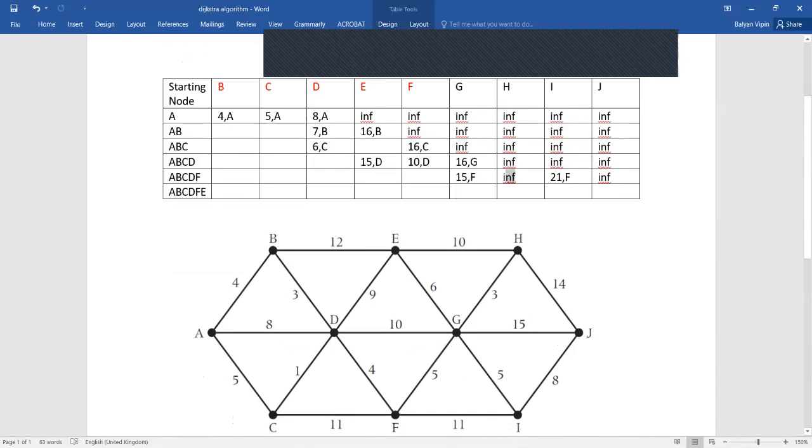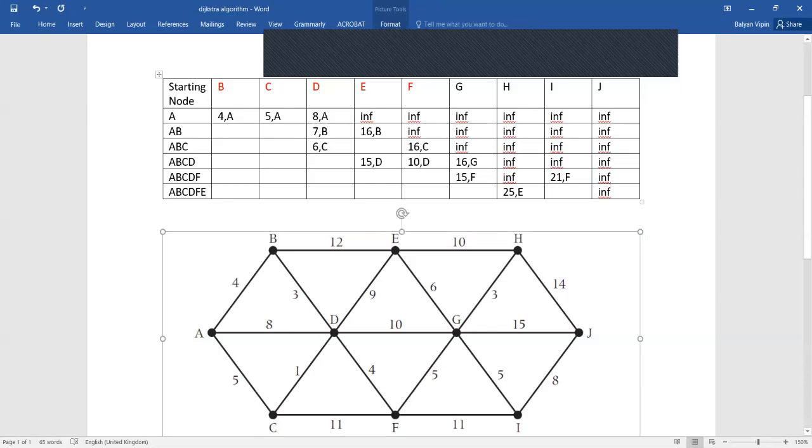Earlier it was infinite. So it is 10 plus the cost to reach E. So it's 25, comma E. Now E to I, there is no connection. So it remains the same. E to J, no connection. So it will remain the same as an INF.